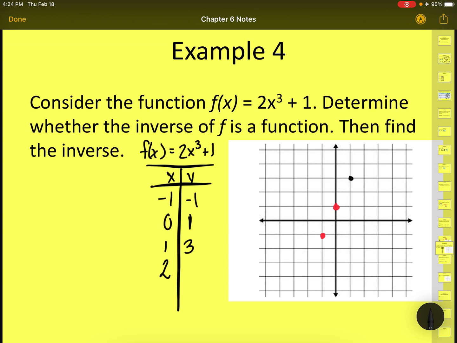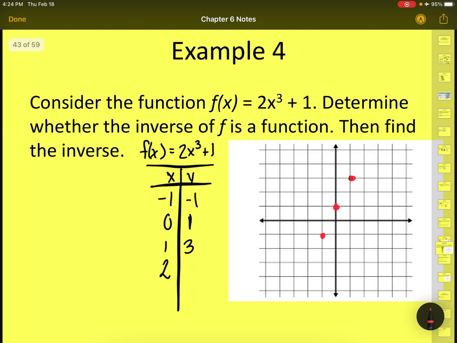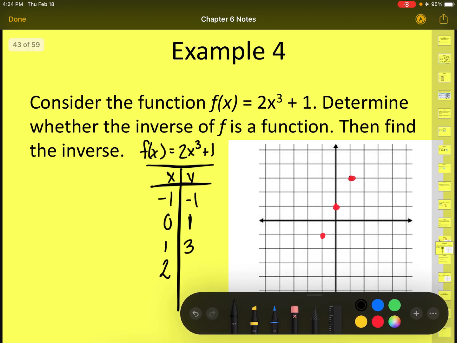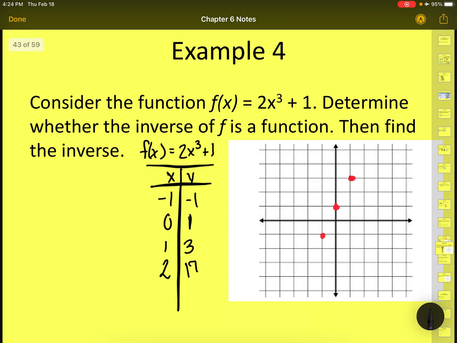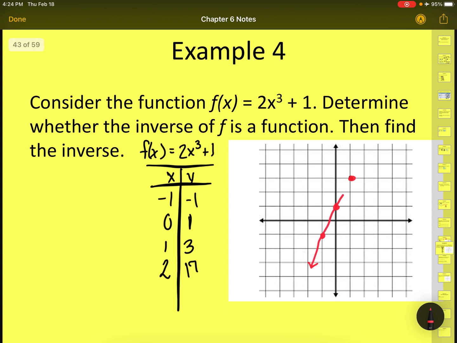If I plug in 2, well, I'm getting back 17. And that's going to be clear off my graph. Okay, so you know it's going to be going up rapidly. So it's kind of like this S-shaped curve because it does have a degree of 3.